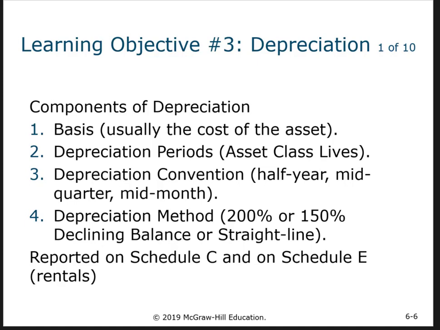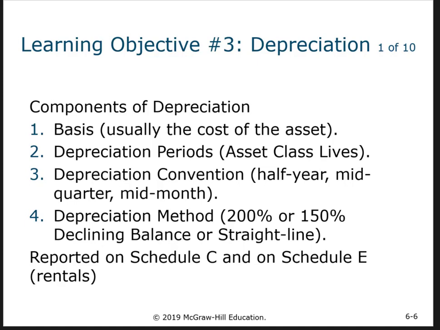Today we're going to deal with depreciation. So the idea is that we have bought an asset that is going to be used for more than 1 year. It's going to be a cost. We spend a lot of money on it, but we have to use it up over time according to the depreciation rules.